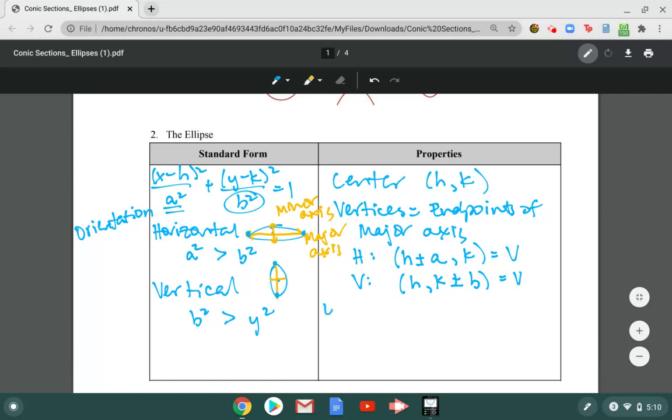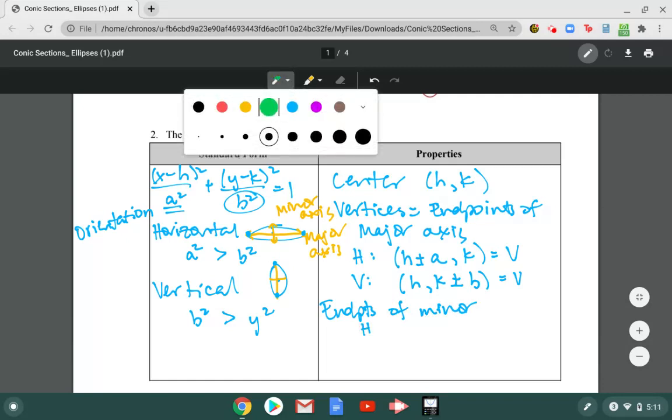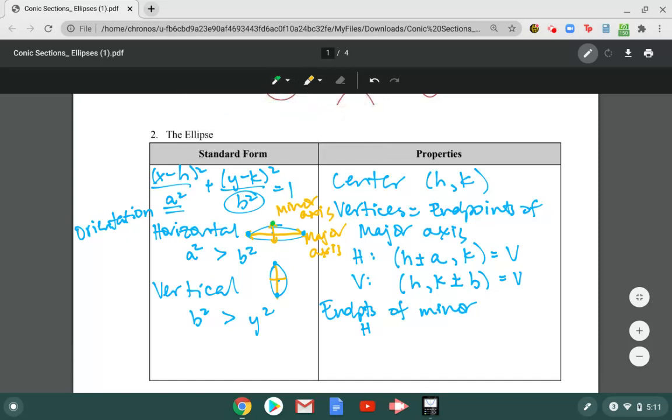We also have endpoints of the minor axis. I'm just going to say points of minor. Again, it depends on the orientation. If it's horizontally oriented, the endpoints of the minor axis are changes in the y direction.